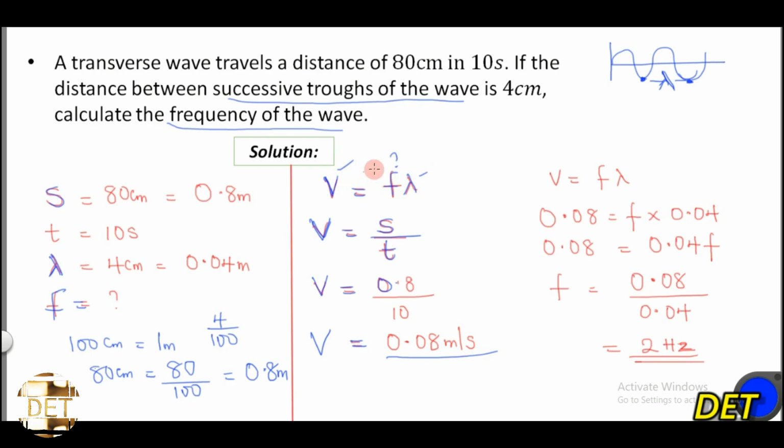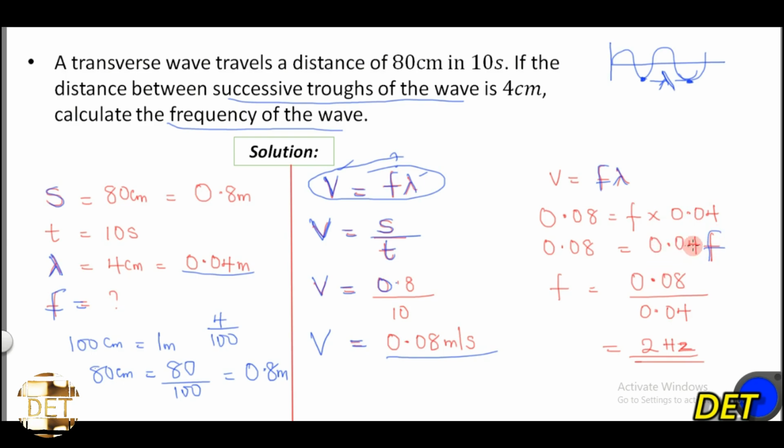Having gotten the velocity, the next thing I would have to do is to apply the formula v is equal to f lambda. My velocity, I've already calculated, is 0.08, equal to frequency times lambda, which is the wavelength, 0.04 meters. So frequency times 0.04 gives me 0.04 f.